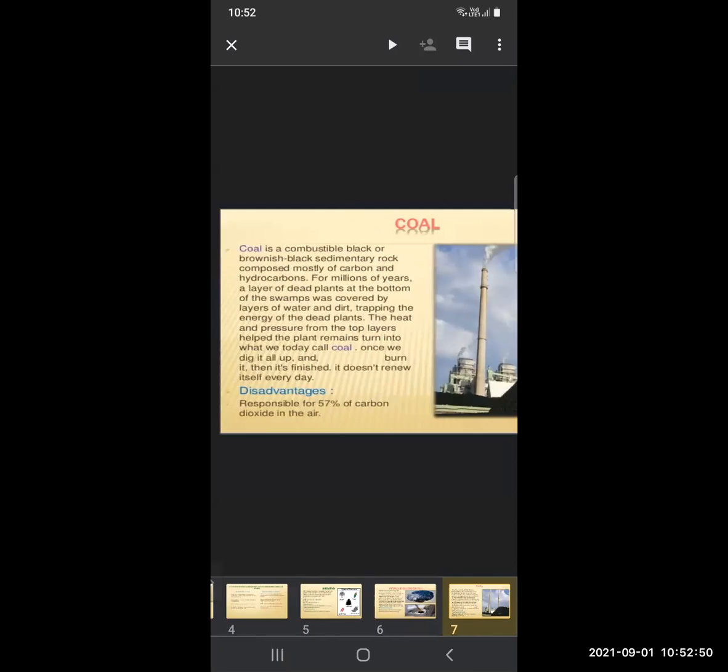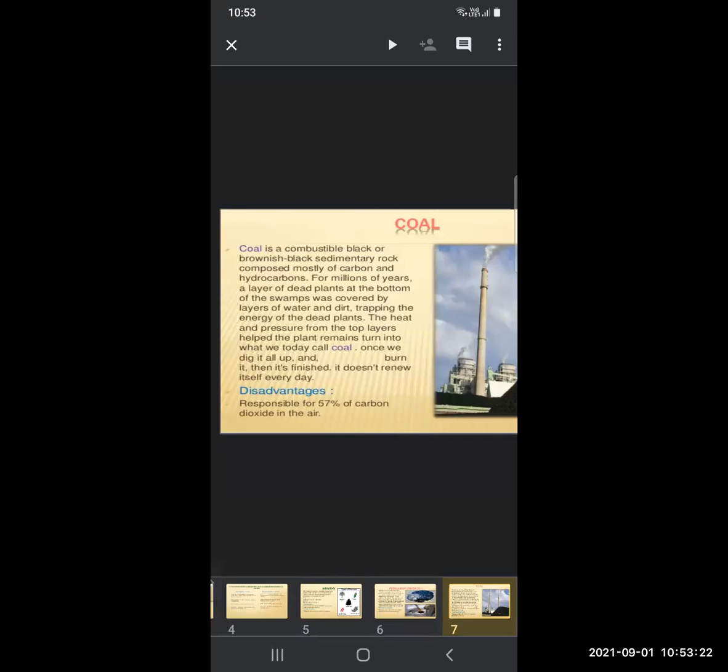Now, this is the main one, that is coal. Coal is a combustible black or brownish-black sedimentary rock composed mostly of carbon and hydrocarbons. For millions of years, a layer of dead plants at the bottom of the swamp was covered by layers of water and dirt, trapping the energy of the dead plants. The heat and pressure from the top layers helped the plant remains turn into what we call coal.